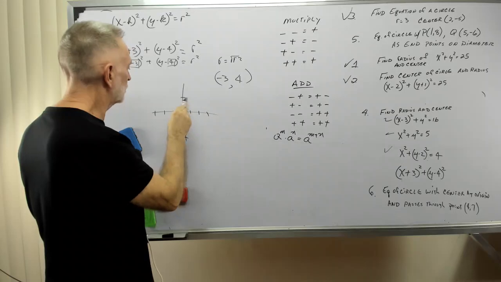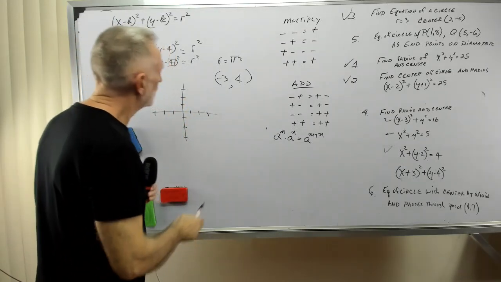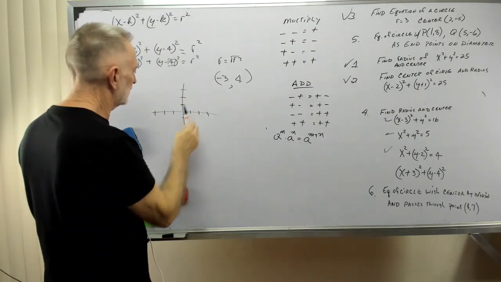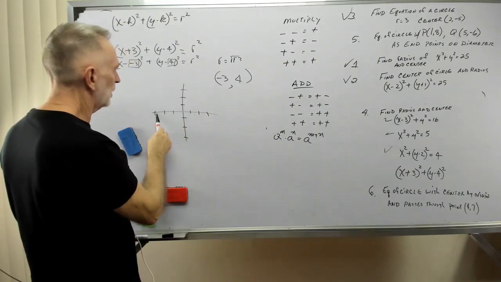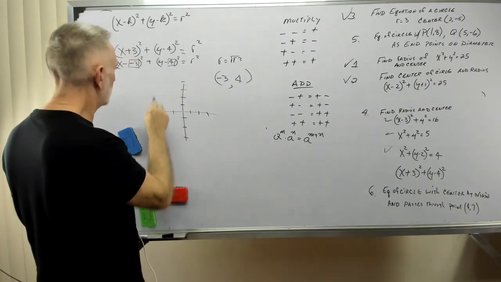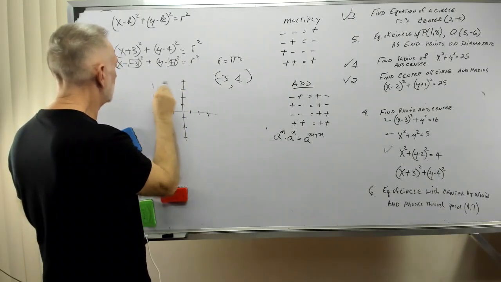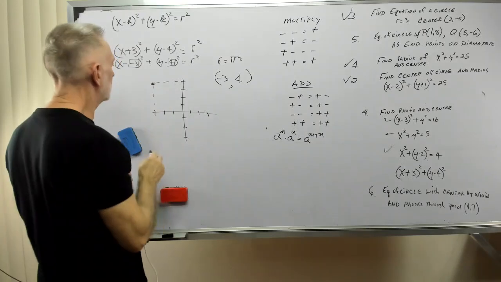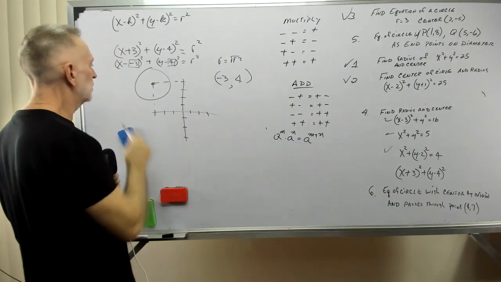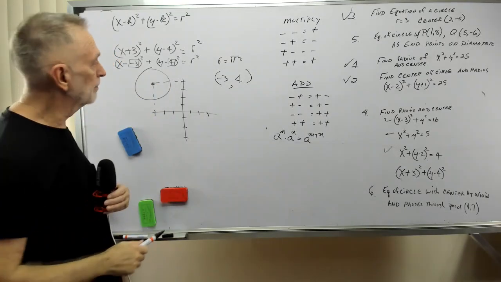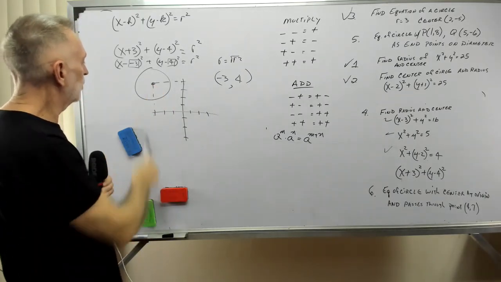That's one way to solve all problems. The center of this circle is negative 3, and 1, 2, 3, 4 up, so the center would be right here. Whatever that radius was, that's where that circle would be. Negative 3, 4.